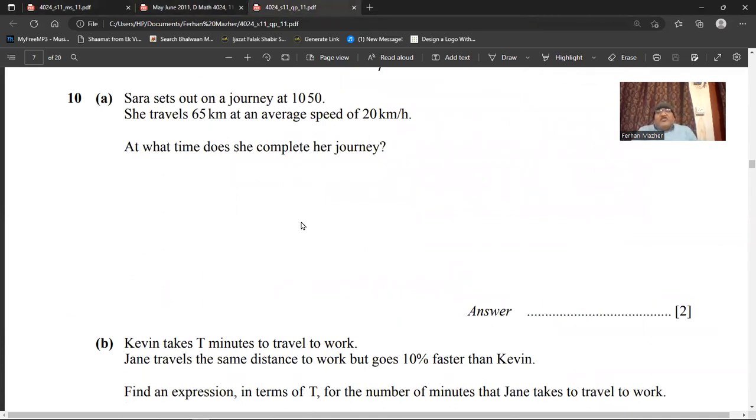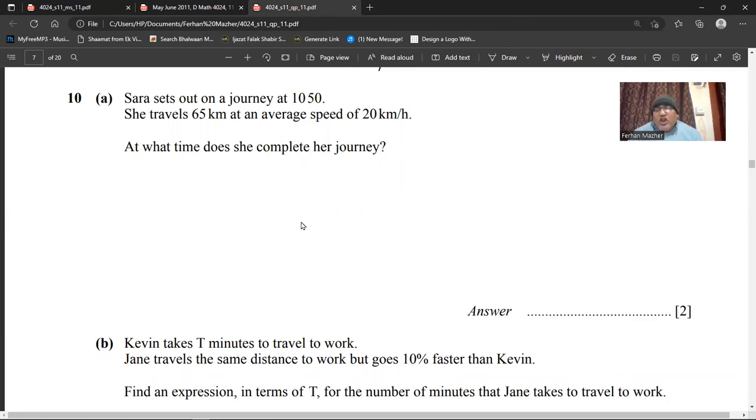Question number 10, it's A part. Sarah sets out on a journey at 10:50. She travels 65 kilometers at an average speed of 20 kilometers per hour. At what time does she complete her journey? The departure time is 10:50. The distance is given, that's 65 kilometers. The speed is also given, that's 20 kilometers per hour.